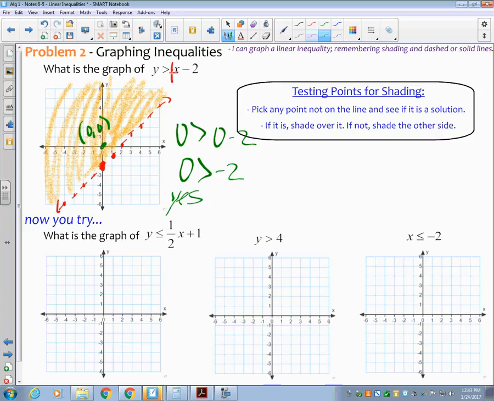Nothing, because if you have negative 2, they're going to charge you $20 for an overdraft. So (0, 0) is a solution, and we know we've drawn this correctly.